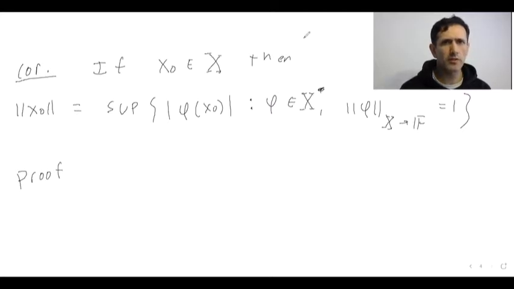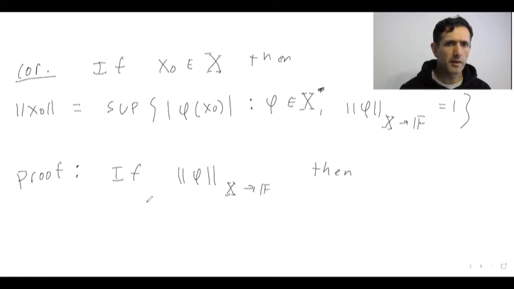Yeah, one direction is pretty trivial. So if I have a bounded linear functional with norm 1, well, then this is obviously going to be less than or equal to the norm of x0.